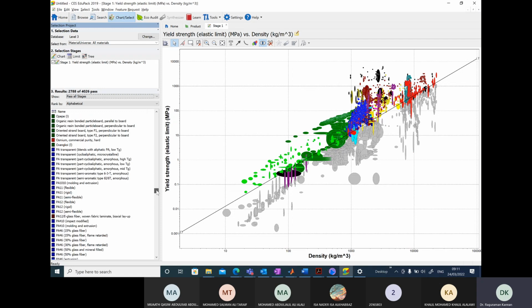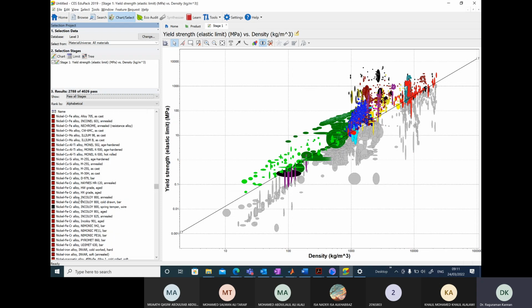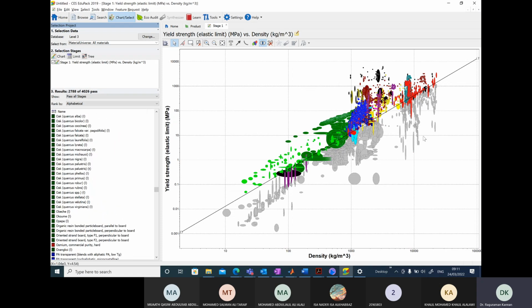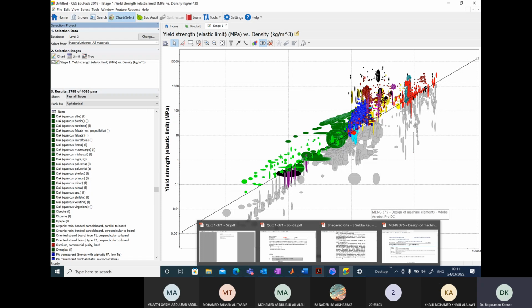Unfortunately, we do not have the software freely available, and I cannot provide you in your exam a much more detailed Ashby chart like this, because too many bubbles are there, and I cannot list each and every material here. Okay. Any questions on material index here?